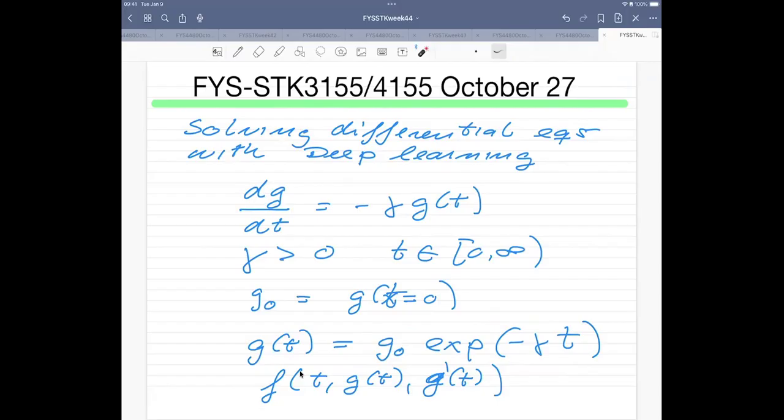So what are the traditional methods? Now, in the lecture notes, we are going to compare with a famous method, which is called Euler's method. So let me just mention that one, because we are going to use that one as a way to compare the neural network with the standard way of solving differential equations.